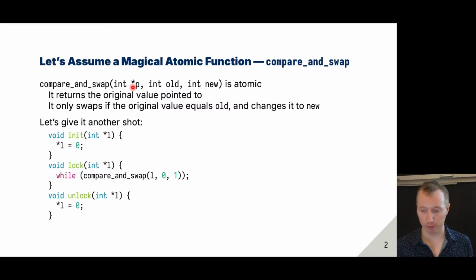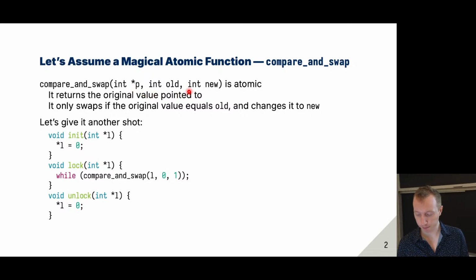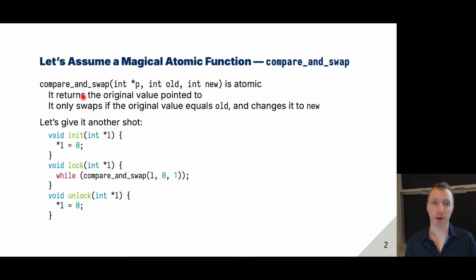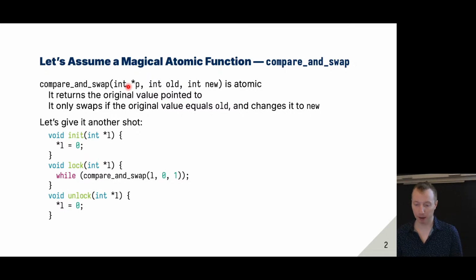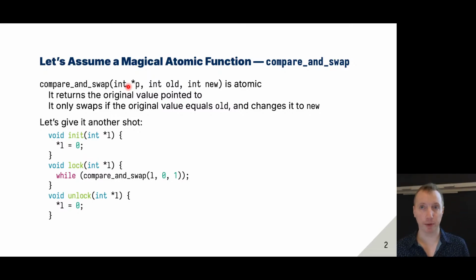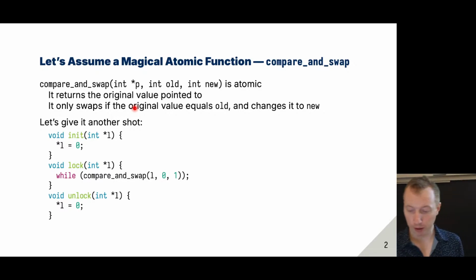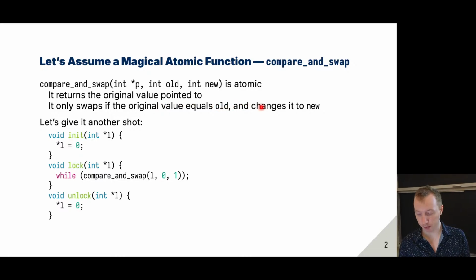So I'm trying to change a value here or read a value here. Then it takes two other arguments, an old value and a new value. What it returns is the original value at that memory address. What it will also do is swap that value at that memory address if it is equal to old. So if the original value is old, then it changes to new.